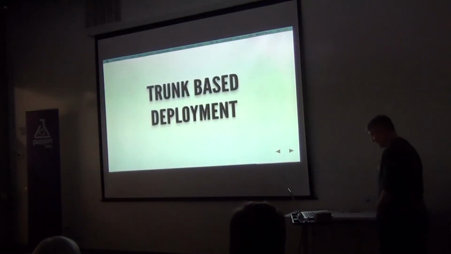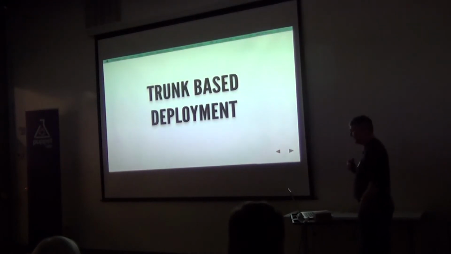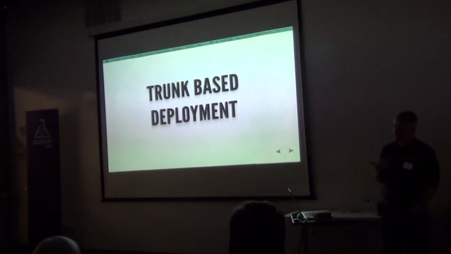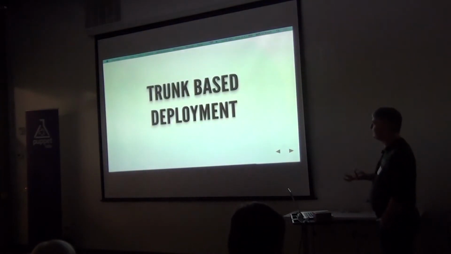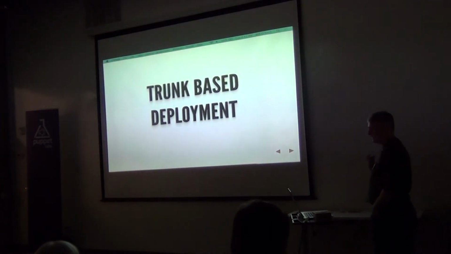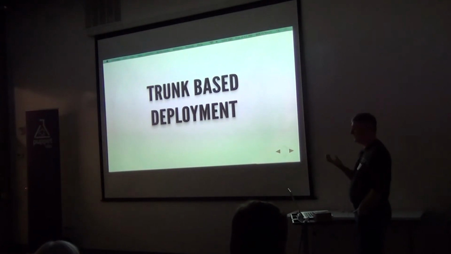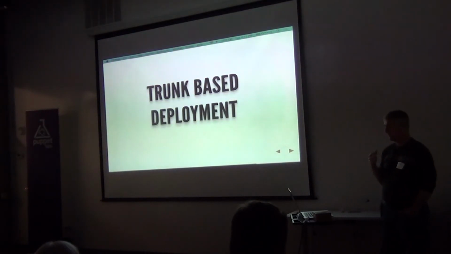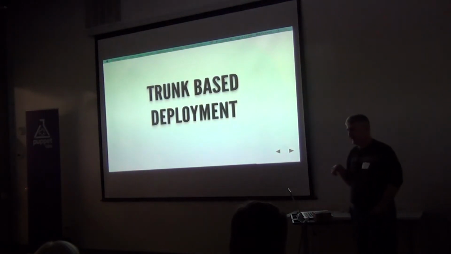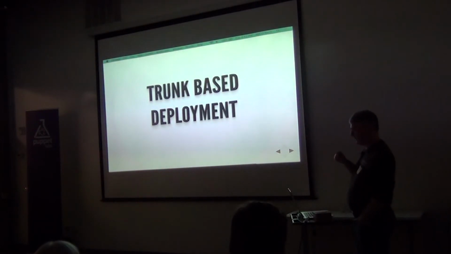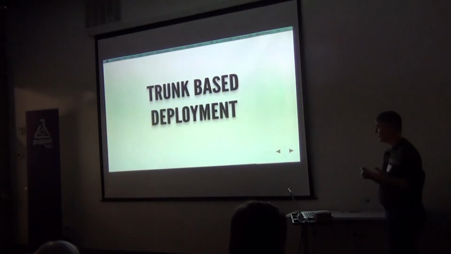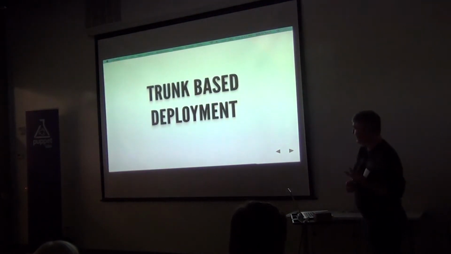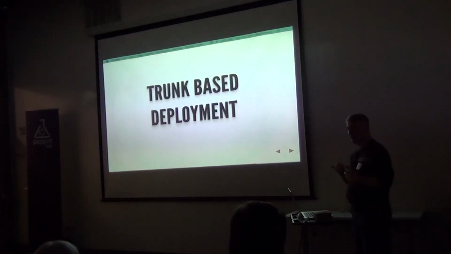Now this is another way that we differ from what some previous speakers have talked about in terms of branch-based development. We use trunk-based development. We actually use two different repos, a dev repo and a production repo. We do our development in the dev repo, using the DSL tools, the editor support, and the pre-commit transactions, but we always deploy based on the trunk.